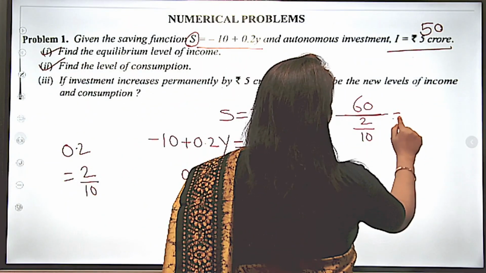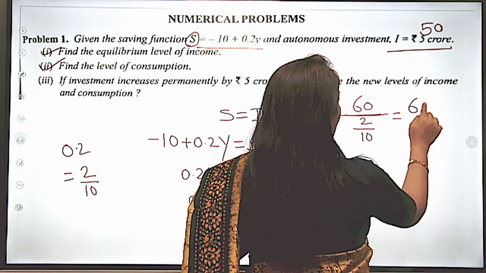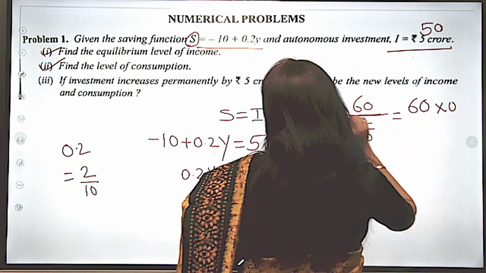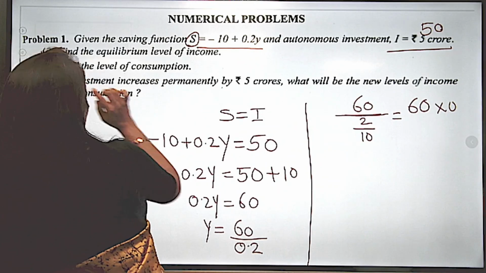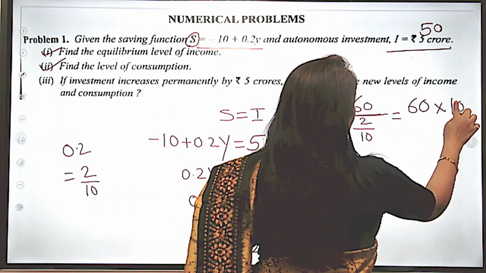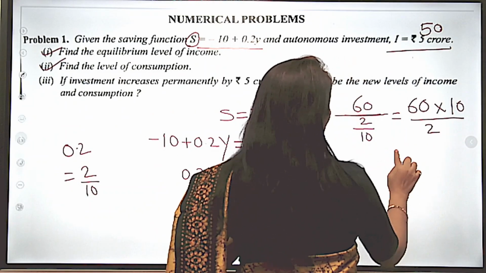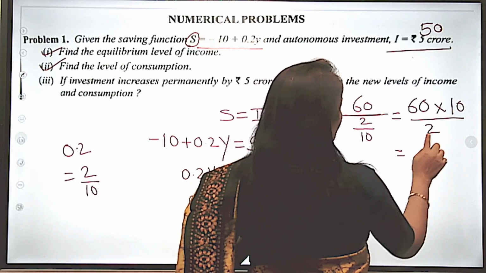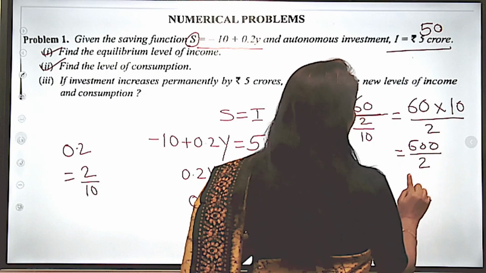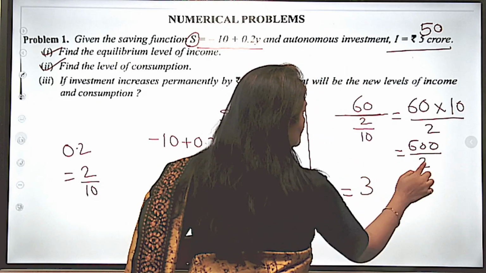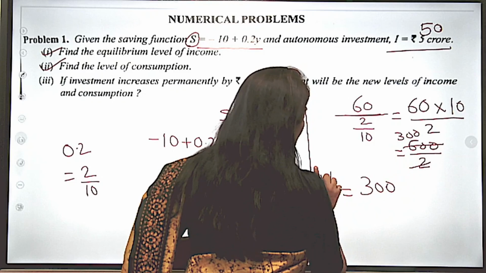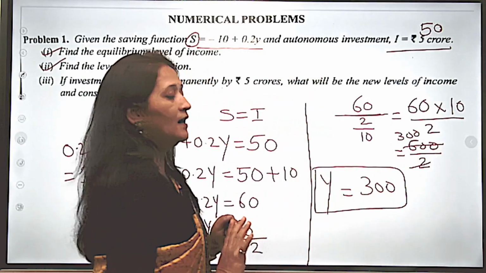So we can reverse it, make it inverse, so the 10 will go up and become multiplication. So this will be 600 divided by 2. Finally, we get the answer, 2 threes are 6, 0, 0 as it is. We get the answer Y = 300.